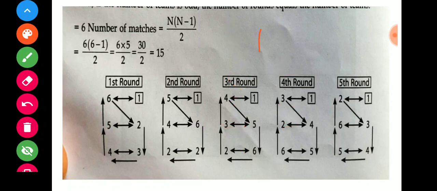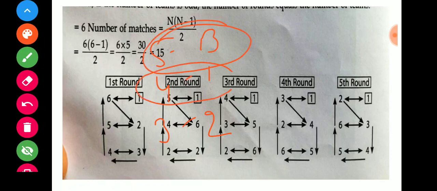So a bye would be fixed, and then see, bye 1 2 3 4 5. So in first round 5 will get the bye, 4 will play with 1 and 3 will play with 2. Again in second round bye will be fixed and 5 will come in place of 1, then 5.